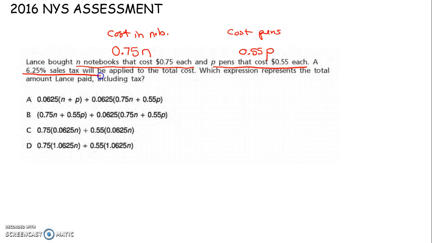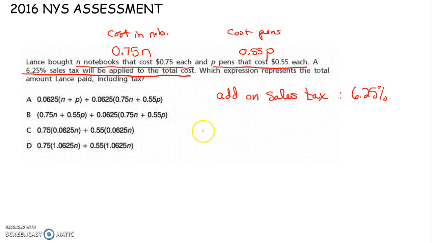A 6.25% sales tax was applied to the total. Okay, so this is a sales tax problem. All right, so we know sales tax you have to add on. But again, it's a percentage, 6.25% is going to be added on. Which expression represents the total he paid including tax?